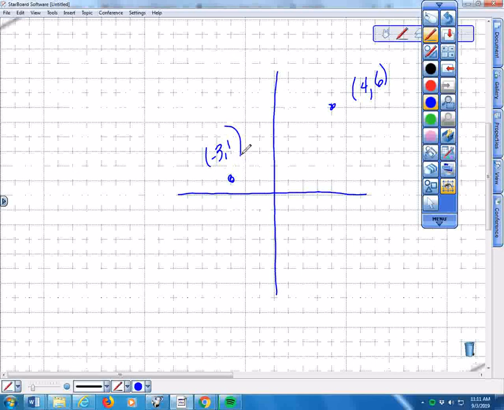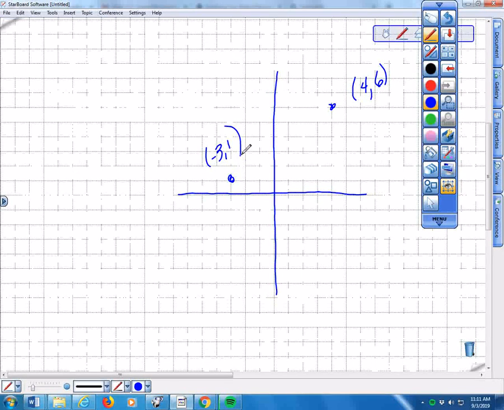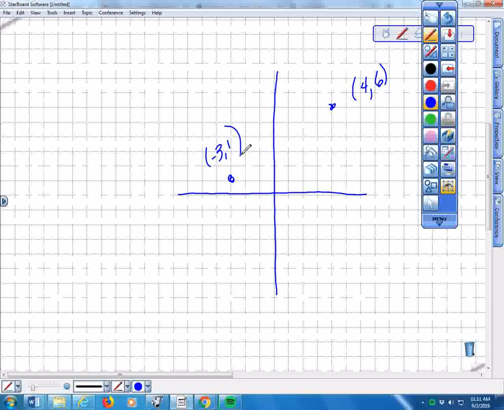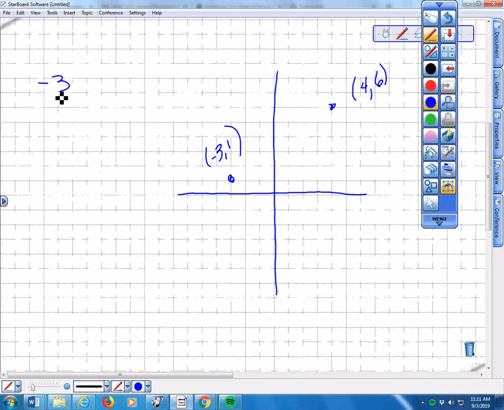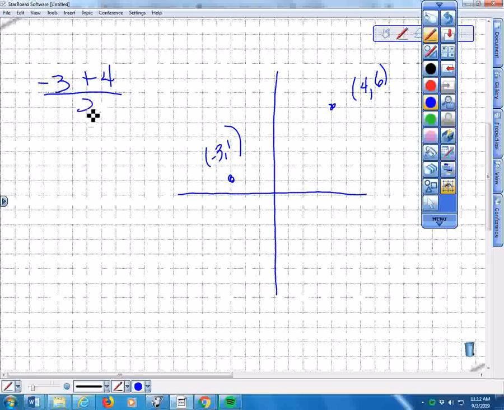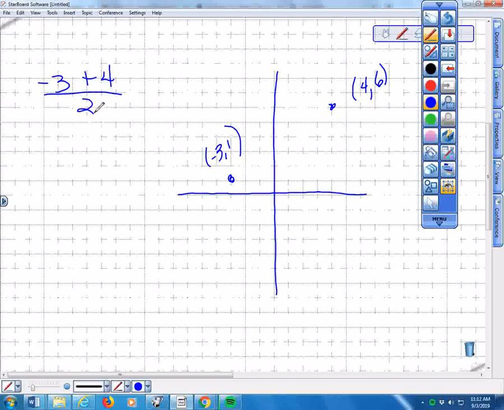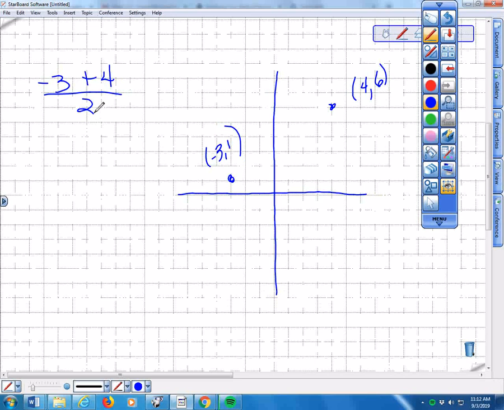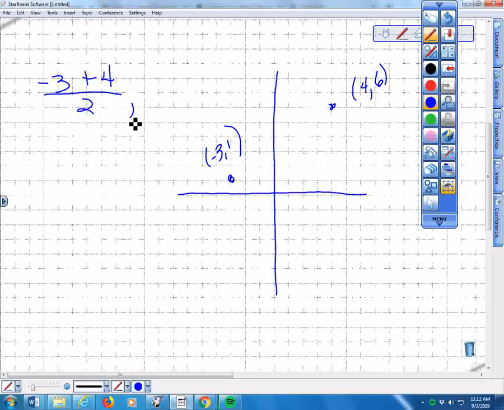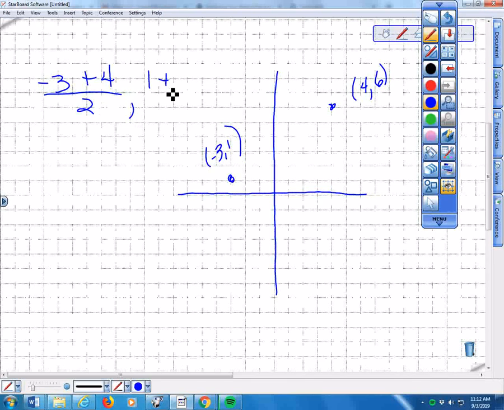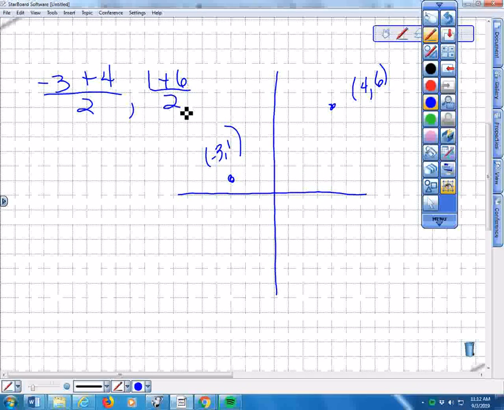Okay, so if I know the coordinates, the midpoint formula says I take the two x coordinates, so in this case -3 plus 4, I add them together, I divide by 2. It's the average of the two points, really. And to do the y coordinates, I take the two y coordinates, add them together, divide by 2.